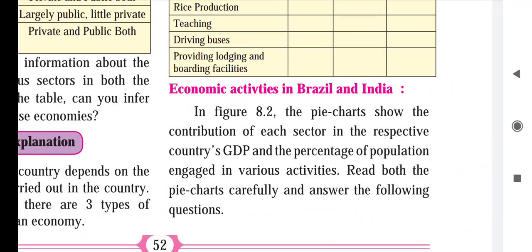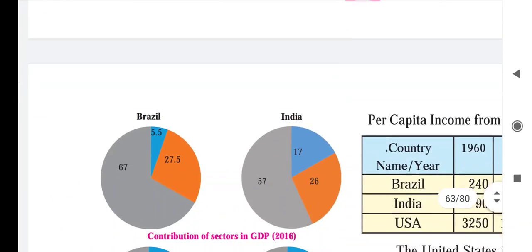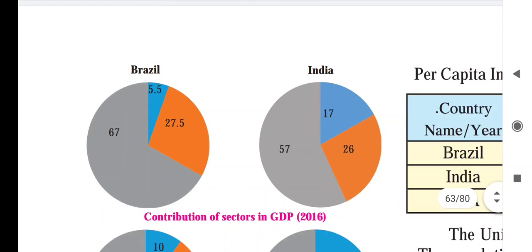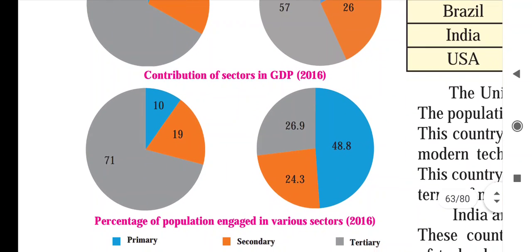So here it is said that as per the pie chart, the different countries' GDP and population engaged in the following activities has been shown. So first we will see this pie chart, it is showing contribution of sectors in GDP 2016, and the downside pie chart is showing percentage of the population engaged in the various sectors.